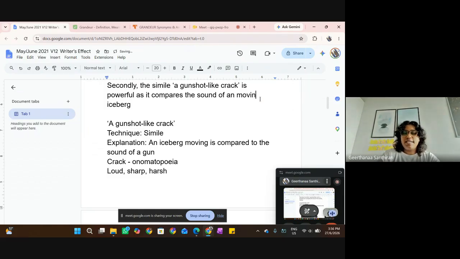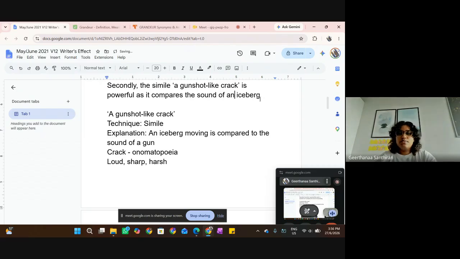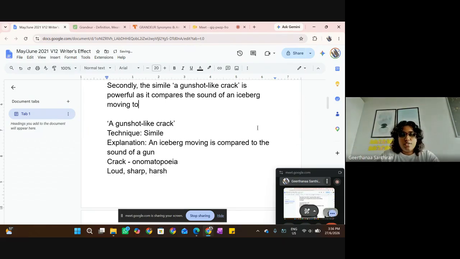Though, of course, in the exam, if you don't like a word, you have to cross it out. I like to just do one dash, one slash, keep it neat. To the sound of a gun.